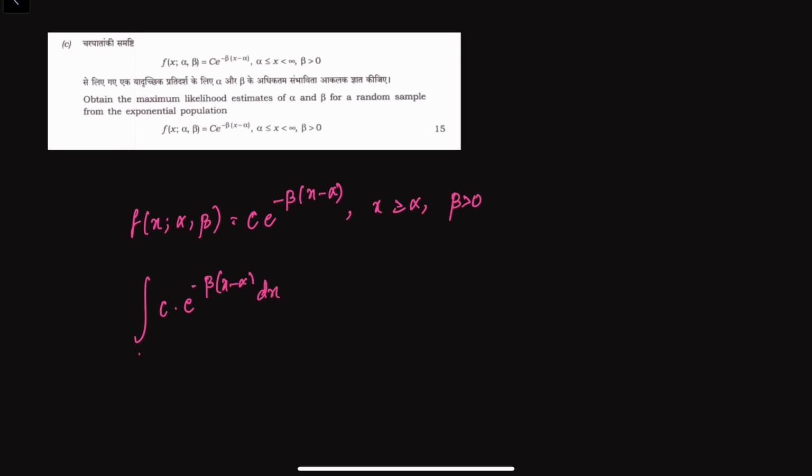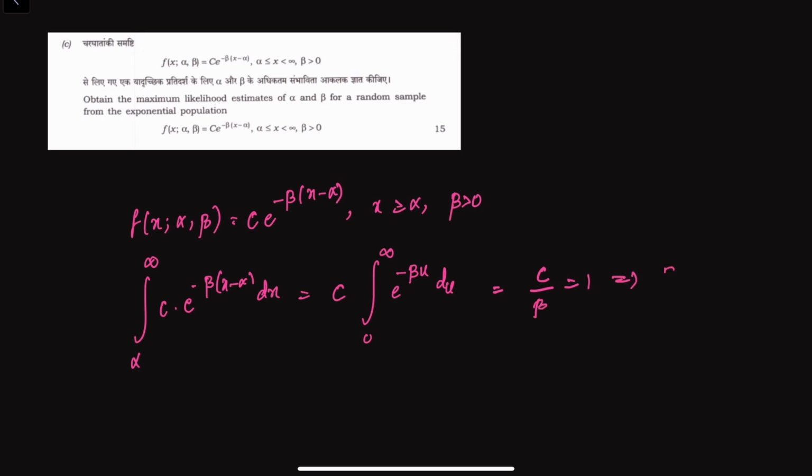First, we were given the density f(x; alpha, beta), which is c e to the power minus beta into (x minus alpha), where x is greater than or equal to alpha and beta is greater than 0. So the integral of c e to the power minus beta (x minus alpha) dx from alpha to infinity is c times the integral from 0 to infinity of e to the power minus beta u du, where I'm considering x minus alpha as u. That is c by beta, and this should be 1.